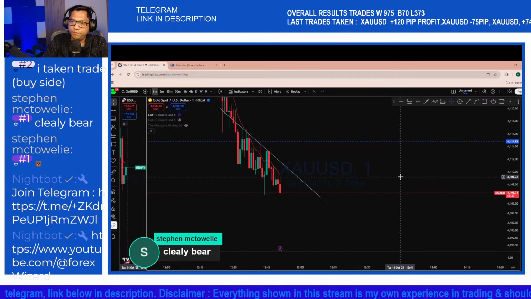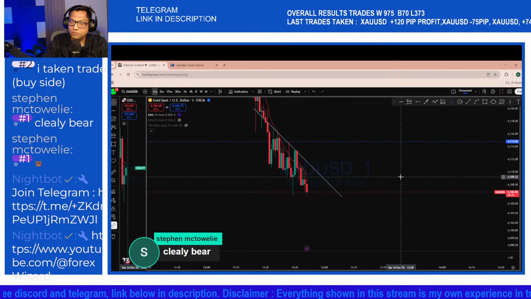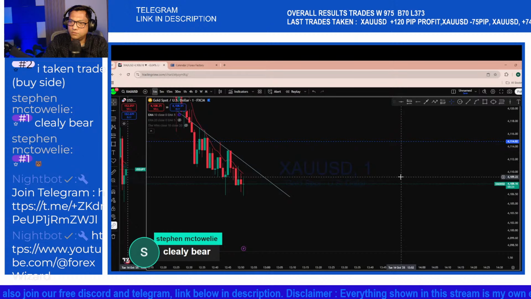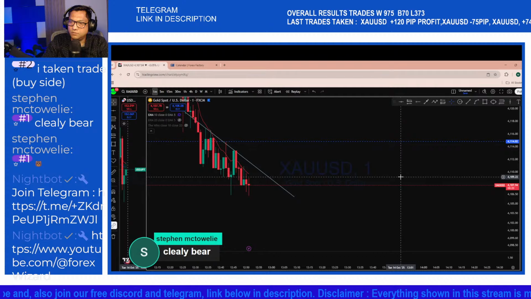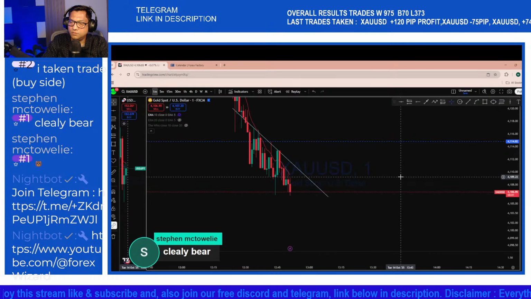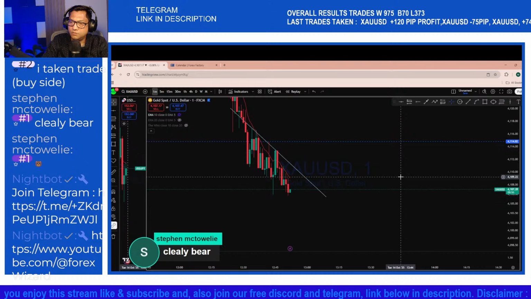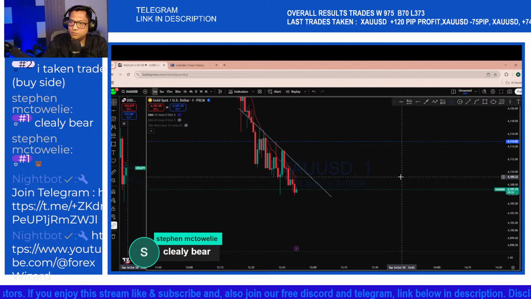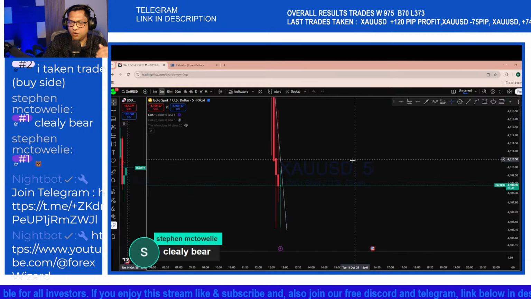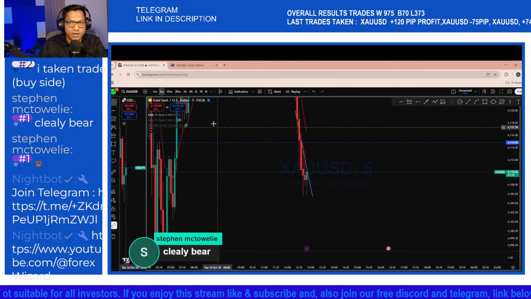It's maintaining the downtrend. So you might see a possible pullback now, but this market is still downtrending, and we could see continuation back below.